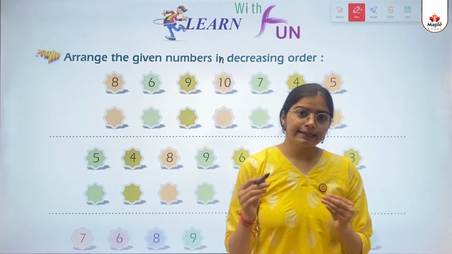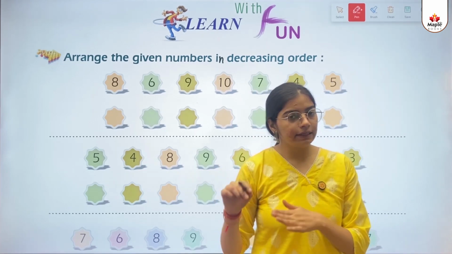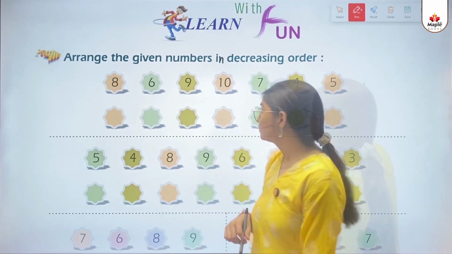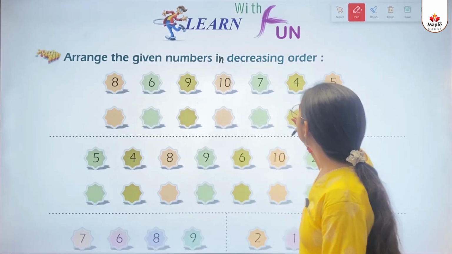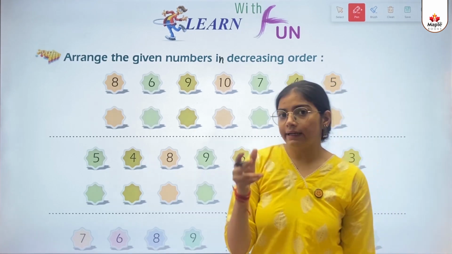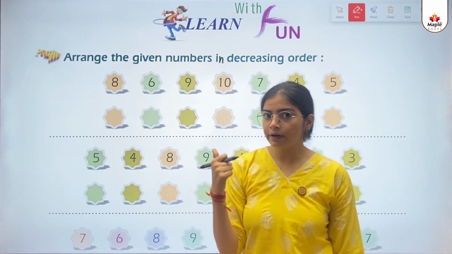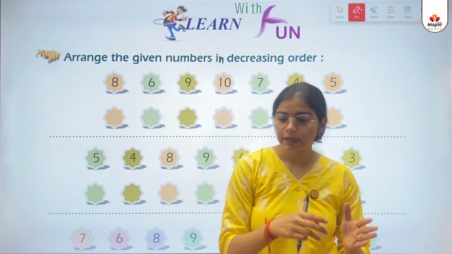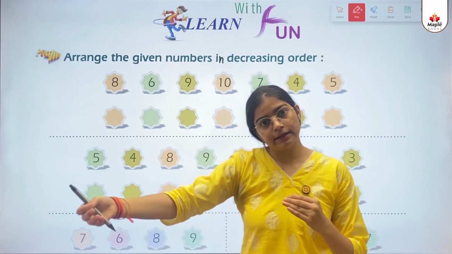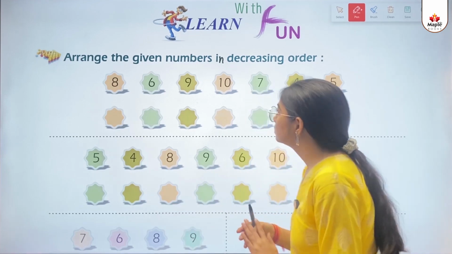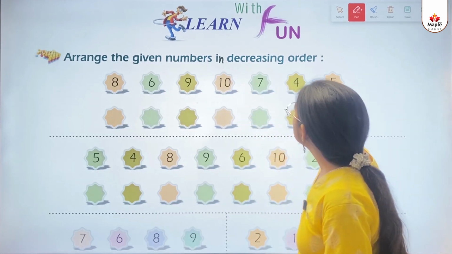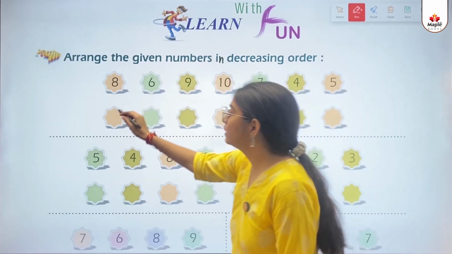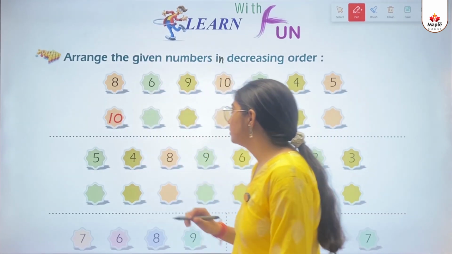We can call descending order decreasing order as well. That is the same thing. So, we will write the greatest number first. I already told you that in descending order, we write the greatest number first, then the smaller one and in the end the smallest one. So, which one is the greatest one? 10 is the greatest one. So, we will write here 10.